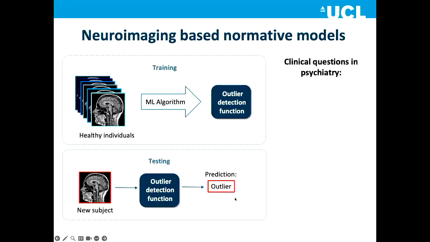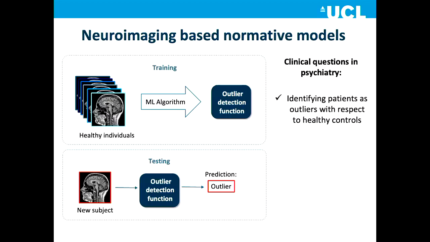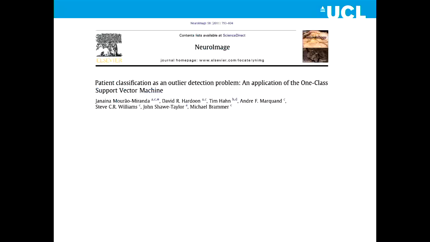This framework has already been applied to address clinical questions in psychiatry, such as identifying patients as outliers with respect to healthy controls, or studying heterogeneity in clinical samples. I will show an example of work we did many years ago, where we tested the hypothesis that patient classification could be treated as an outlier detection problem.